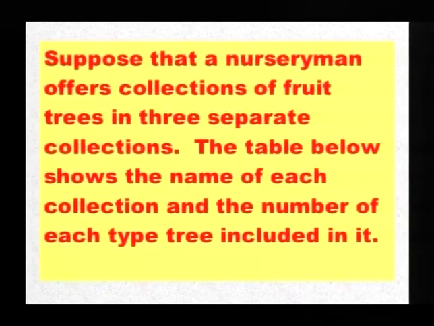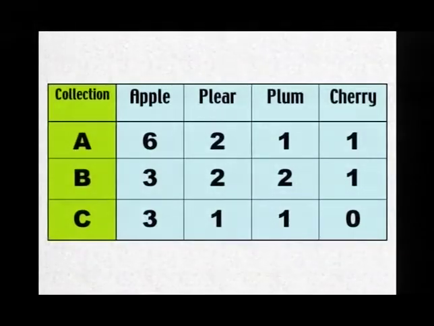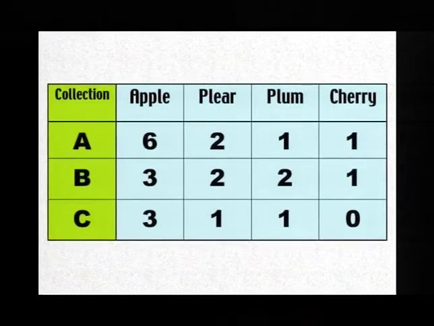Suppose that a nurseryman, maybe his name is Taumaku, offers collections of fruit trees in 3 separate collections. He's a very good farmer. The table below shows the name of each collection and the number of each type of tree included in it. He plants apples, pears, plums, and cherries.